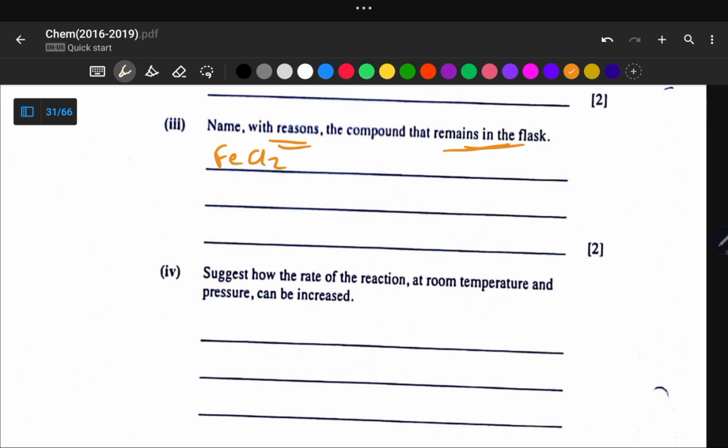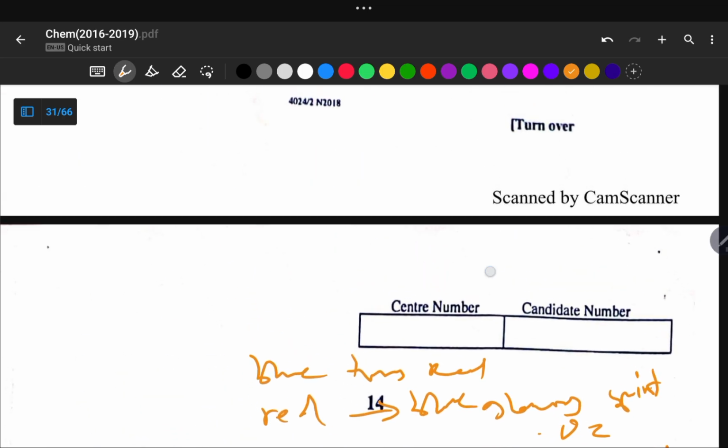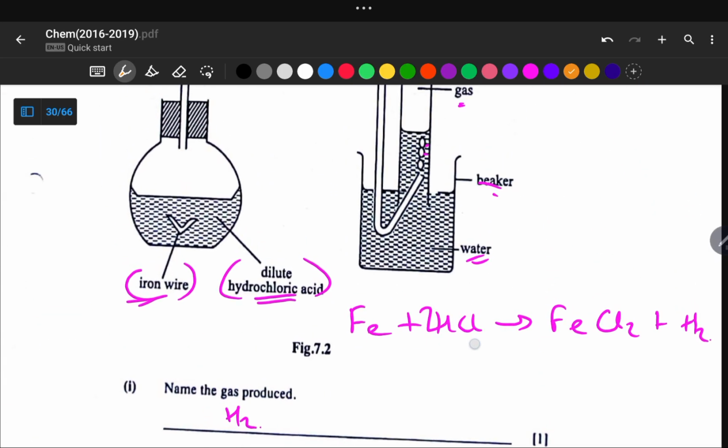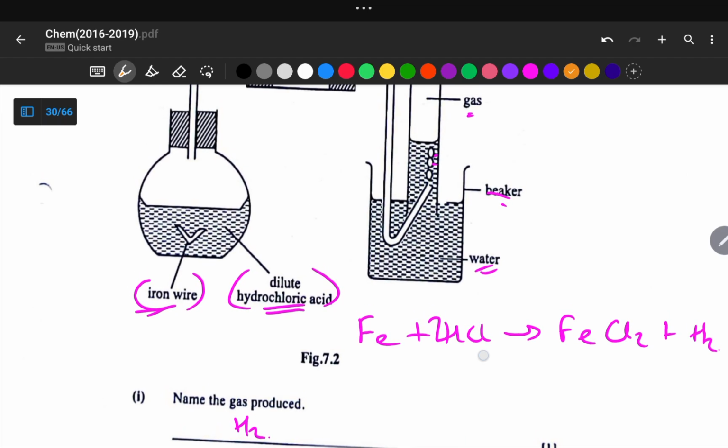And then suggest how the rate of the reaction at room temperature and pressure can be increased. So how best can we increase this reaction? We can increase it by increasing the concentration of hydrochloric acid, by increasing the temperature, and by using powdered iron instead of a wire, so that we increase the surface area, the contact point.